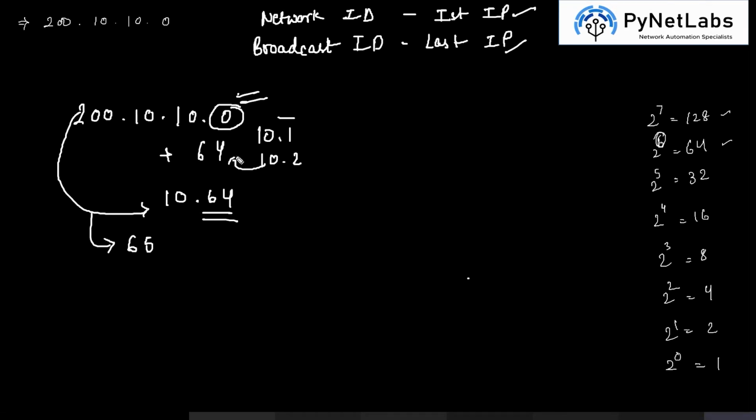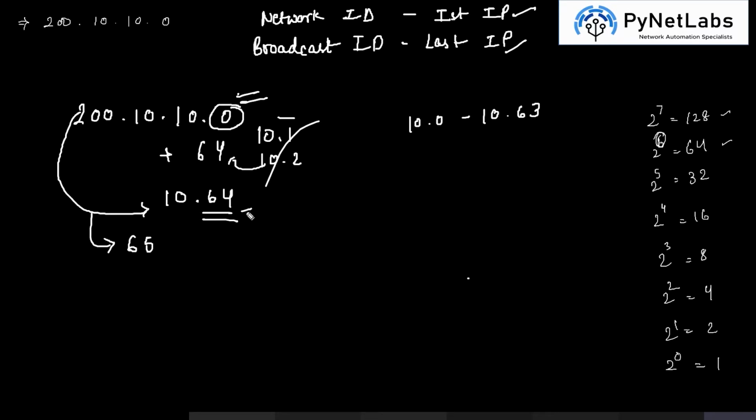No worries, Neeraj. You guys can post your doubts. I am here only to help you get this clear. So I hope now you guys are clear on why we are taking the range from 10.0 to 10.63 and not 64.